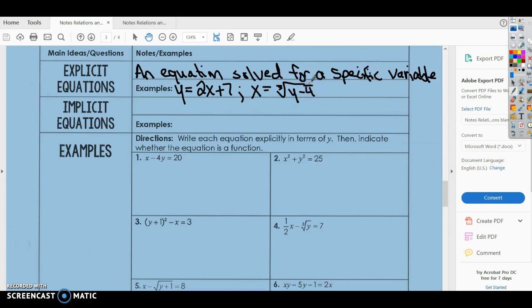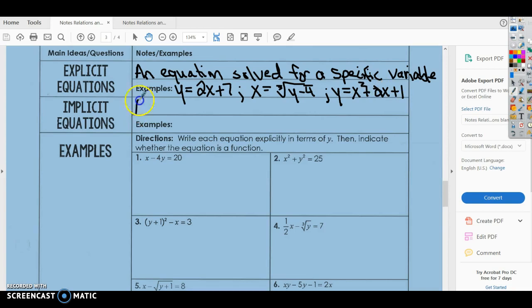That's also solved for x. We might have something like y equals x squared plus 2x plus 1. Okay, so all those are examples of explicit equations.